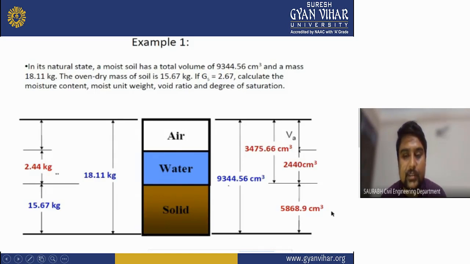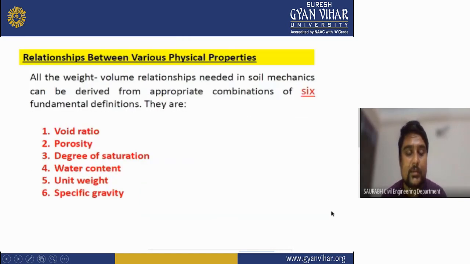The total volume of solid is 5,868.9 centimeter cube. If we calculate the total voids, it becomes 2,440 centimeter cube, and the volume of air in the voids is 3,475.66 centimeter cube. So by that you can easily solve the numerical.